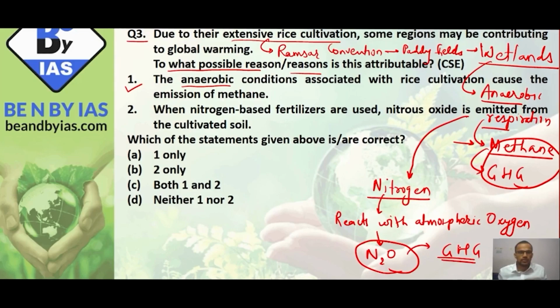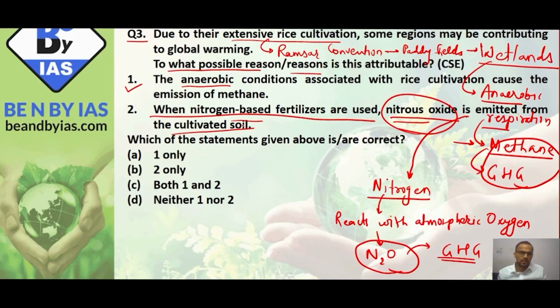Fine. So let us read this second statement. When nitrogen based fertilizers are used, nitrogen oxide is emitted from the cultivated soil. Fine. So as these rice cultivators use nitrogen fertilizers, it eventually leads to emission of nitrogen that reacts with atmospheric oxygen, leading to formation of nitrous oxide, and that is released from that particular soil.